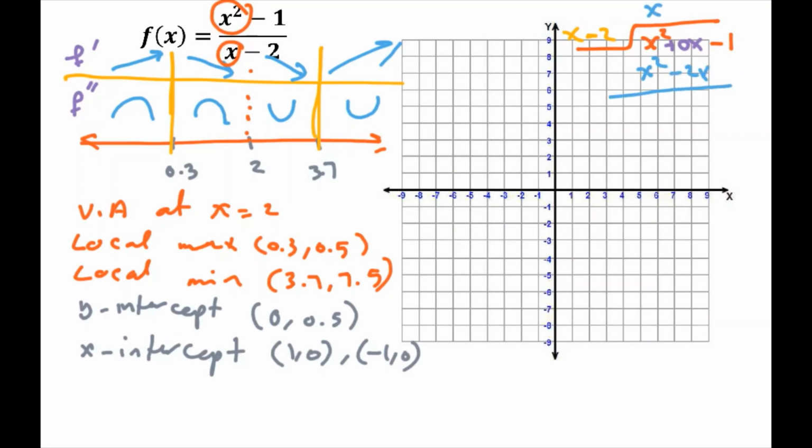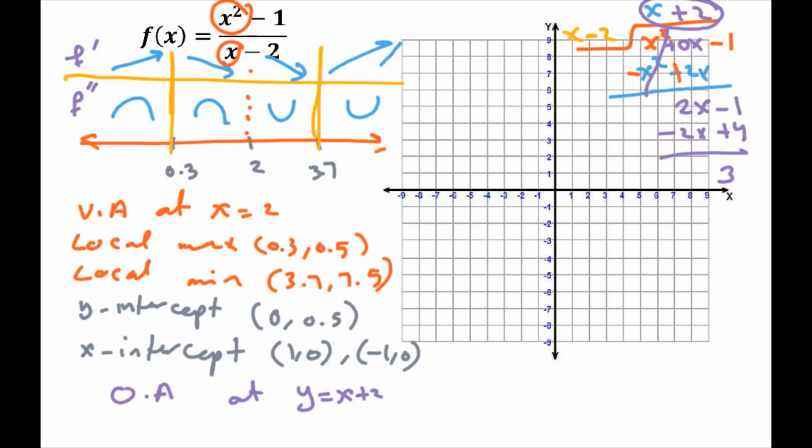Then you change the signs, you cross these two, so it's going to be 2x minus 1. 2x divided by x is 2; 2x minus 4, that's going to be 3. So whatever you got here is going to be your oblique asymptote. So I do have an oblique asymptote at y equal x plus 2.